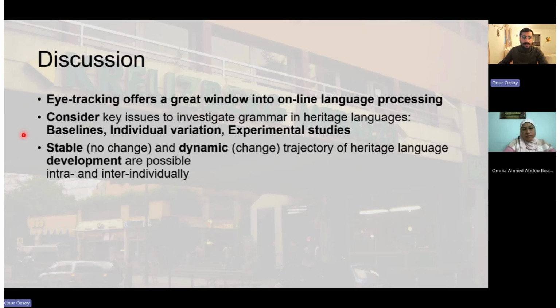We should consider, when we work with bilinguals, some of the key issues, such as baselines. So do we compare these bilingual groups to other people, which seems like we have done a little bit here, or do we frame it as them having their own effects? We should be aware of individual variation because it matters. And we should lean towards experimental studies to really see how the subconscious processing happens.